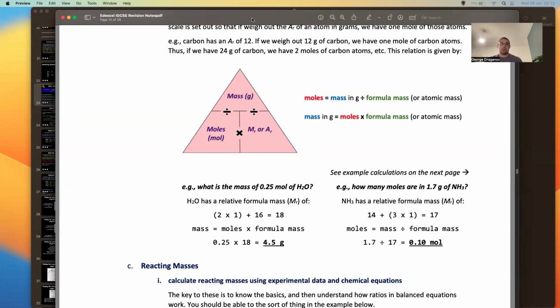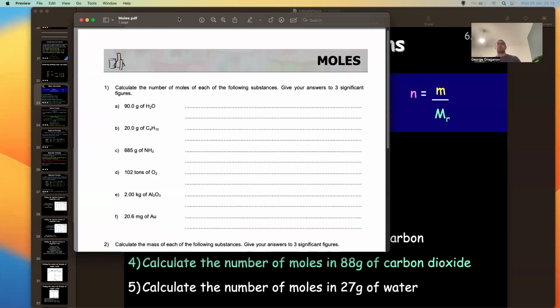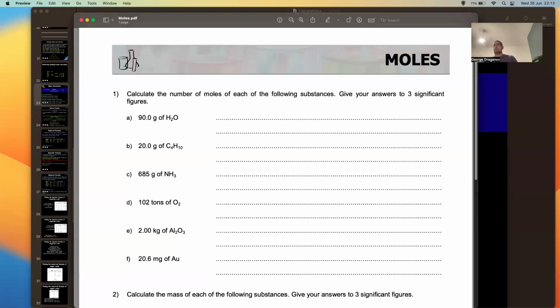Now I'm going to just go over 2 more examples from the worksheet. Then you would try the rest on your own, and there'll be answers provided. So if I do, say, B, find the moles, 3SF. All I do is I write moles equals mass over Mr. I'm not a fan of the triangle. My mass is 20. Then my Mr, carbon is 12, so it's 12 times 4. Hydrogen is 1, so it's 10 times 1.